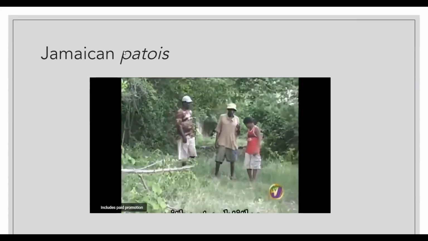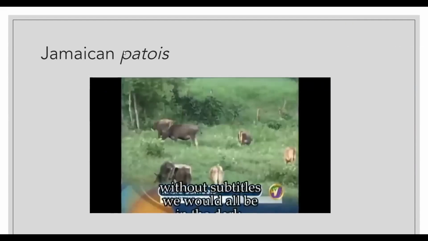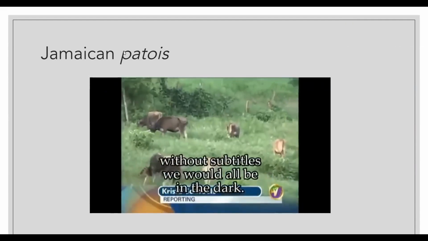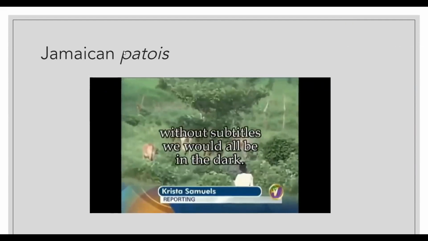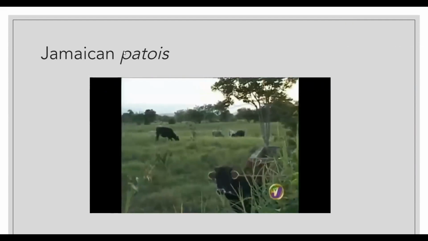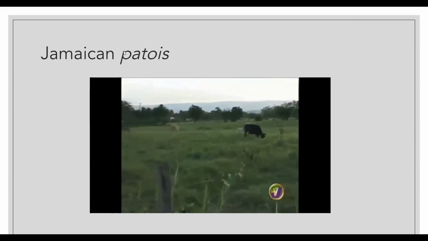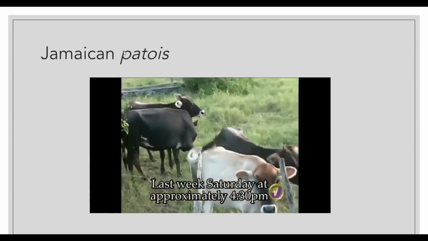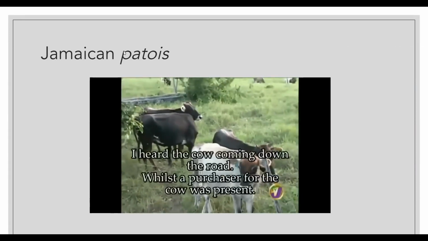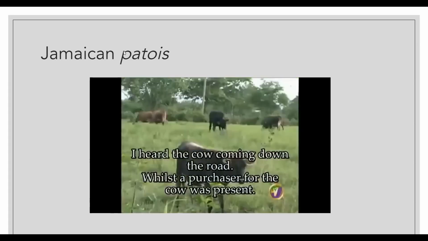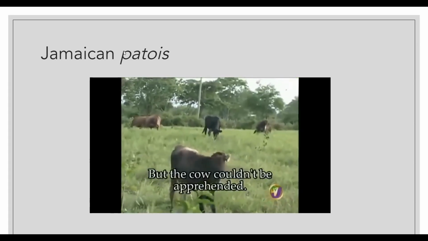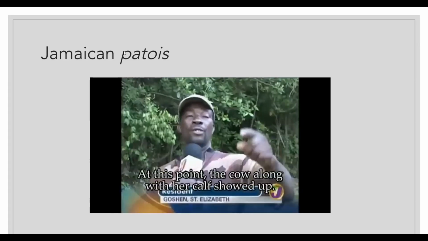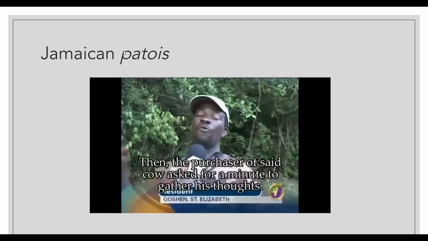The people of Goshen say about a month ago, one of Calvin Barrett's cows started acting strangely. The residents say the 63-year-old farmer and others have been trying to catch the animal since then. Yesterday, the cow killed its owner. And last week, Saturday, around the 4:30 hours, right on the main street, we go Mitcham District. Me running the cow coming down on the road, and a buyer come to buy the cow, but they could not get the cow. So same time now, the cow and the calf coming down and some more cow, and same time we come and we come to buy the cow now.